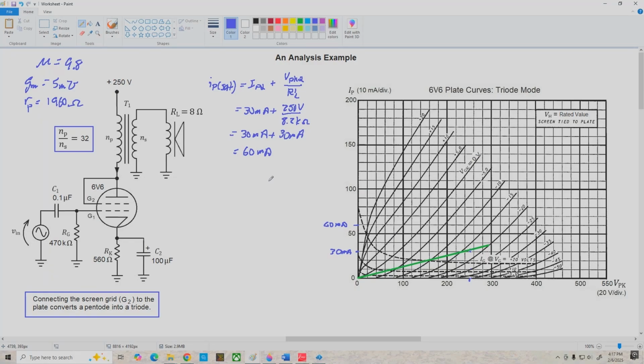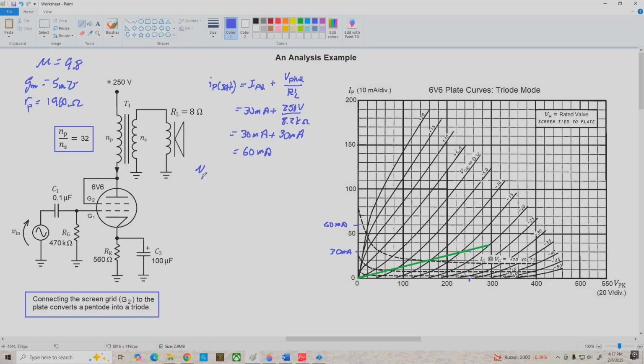Now, we could just use proportionality and assume that because IP sat is twice IPQ, then VPK cutoff is twice VPKQ, so it should be 500 volts. But let's just go ahead and calculate it to make sure everything's cool.